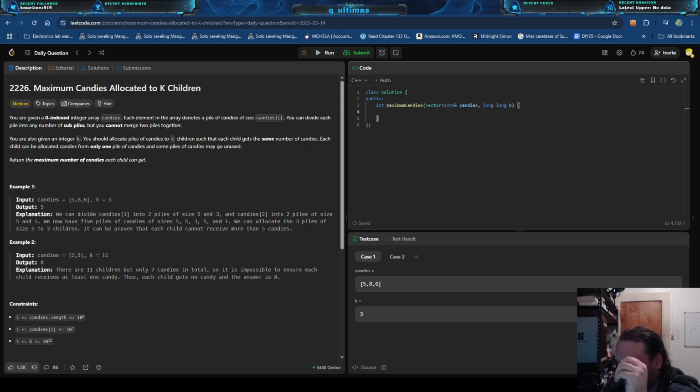Okay, let me think. 5 and 6. We know 5 only because k is equal to 3. But what if k was equal to 2? The max would be 6, right?